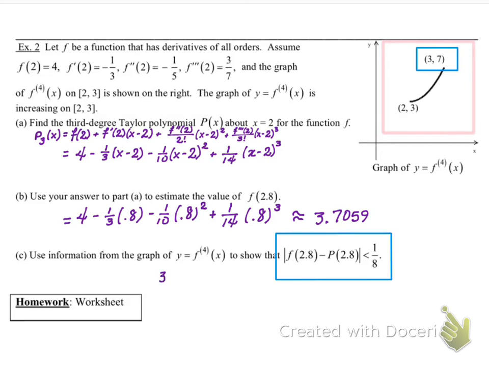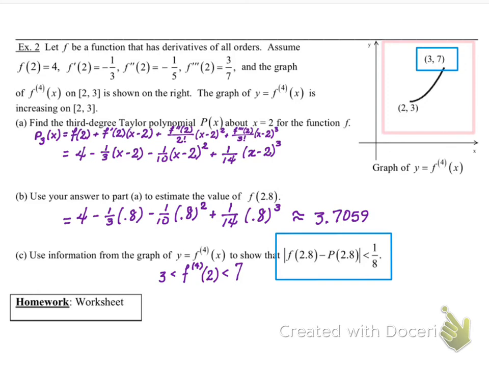3 is less than your fourth derivative, because that up there, the graph that's on this page, is the graph of your fourth derivative, in case you didn't notice before now.